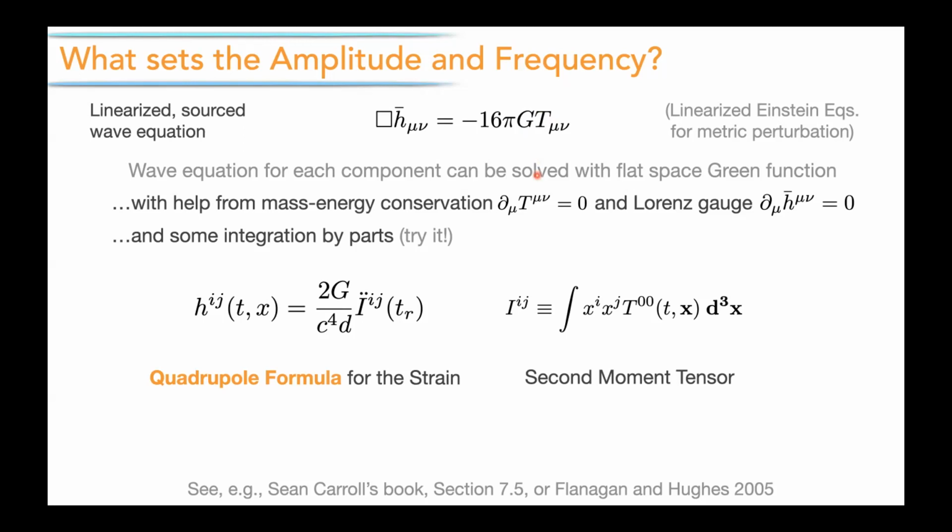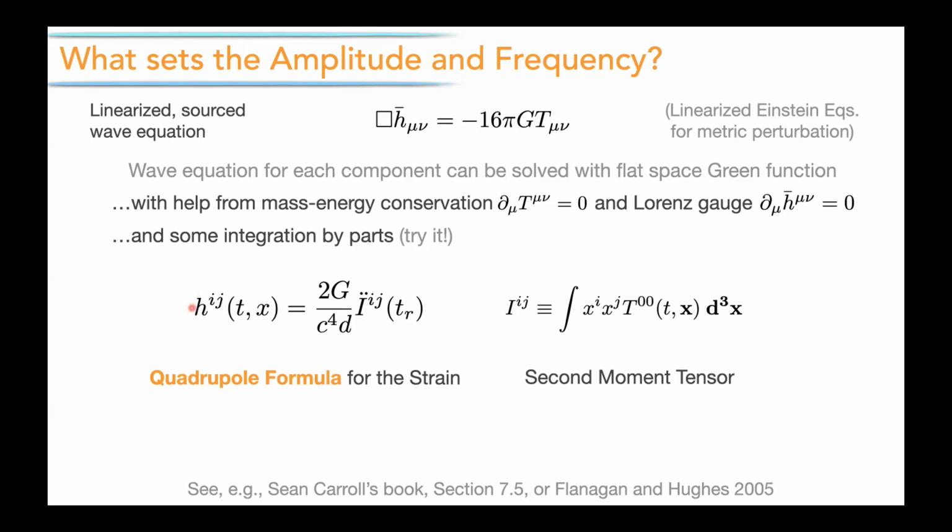And that's a completely valid and very conceptual argument, but you see how it comes out when you do this because you have to use these conservation equations. And in the end, using these relations is what brings you from this wave equation and Green's function solution down to having first order quadrupole moment terms in your formula for the strain.